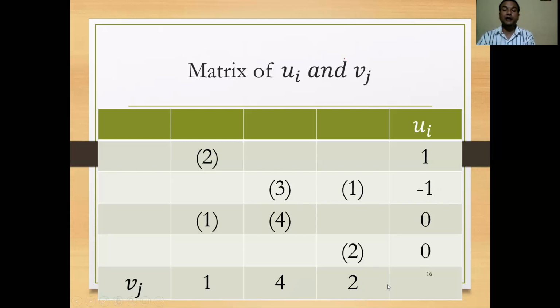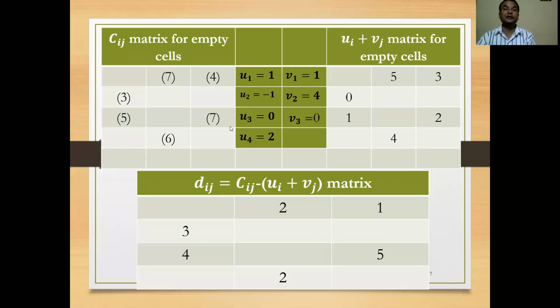Then after getting Ui and Vj, again we follow the same procedure: the Cij matrix for the empty cells, and the Ui plus Vj matrix for empty cells in the new part. So these are the values, and we can find out what this is. U1 plus V2, U1 is 1, V2 is 4, so 1 plus 4 is 5. Then U1 plus V3, 1 plus V3. I think there is a mistake here.